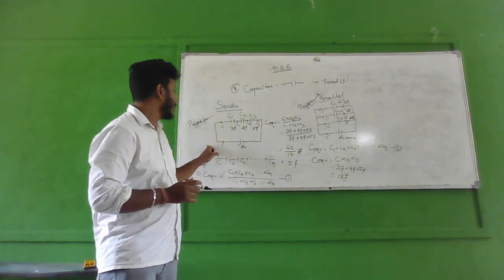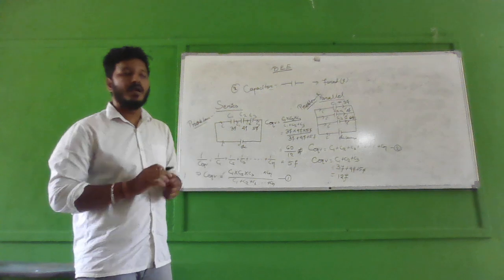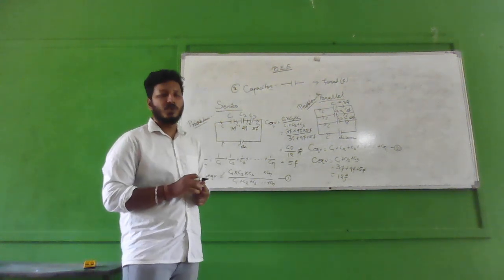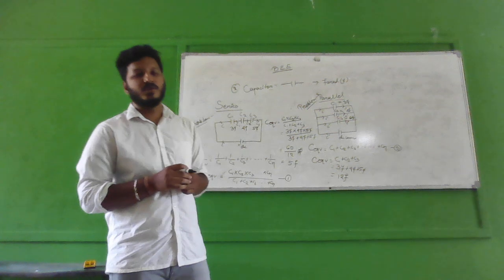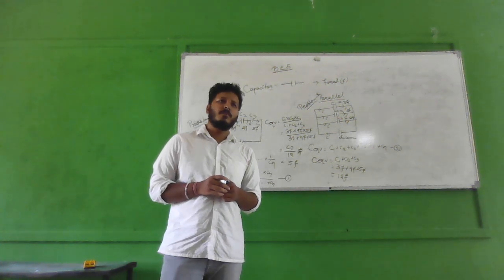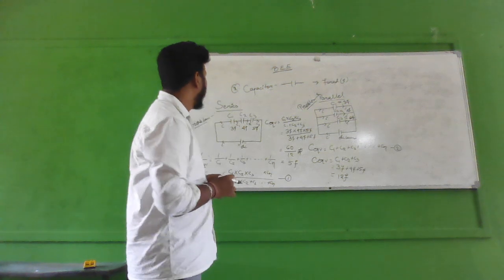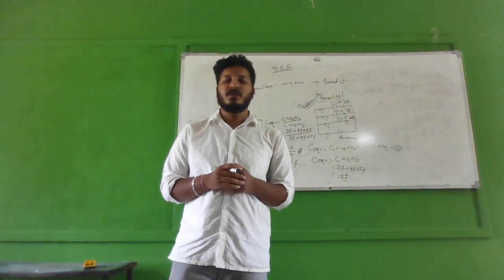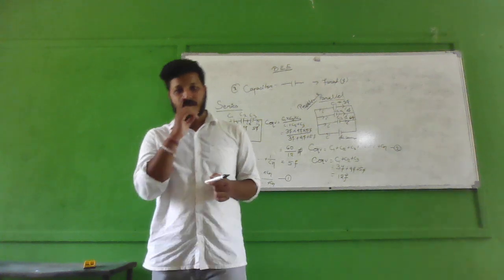We will use these equations in every kind of circuit connection, along with theorems like Norton's theorem, Thevenin theorem, superposition theorem, and different theorems. So for today, we will meet in the next session.